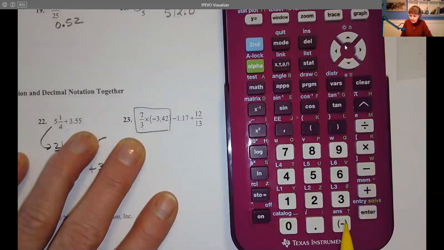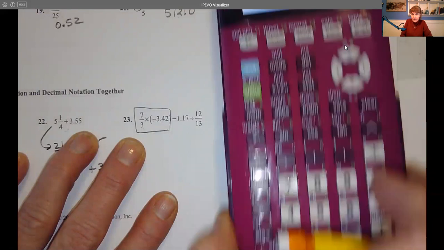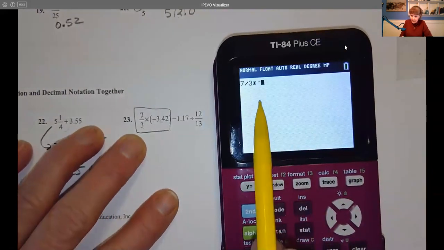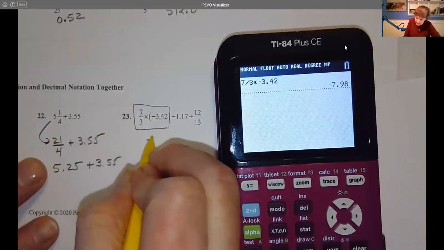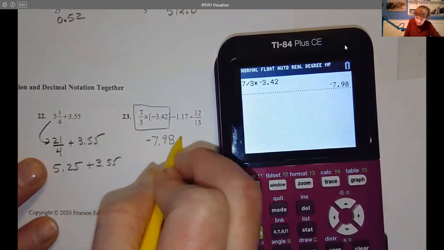So don't get those mixed up. I'm not subtracting, I'm multiplying by a negative. So I'll push that right there, and I have a negative. See, I put a negative in there. 3.42. And I get a negative 7.98.